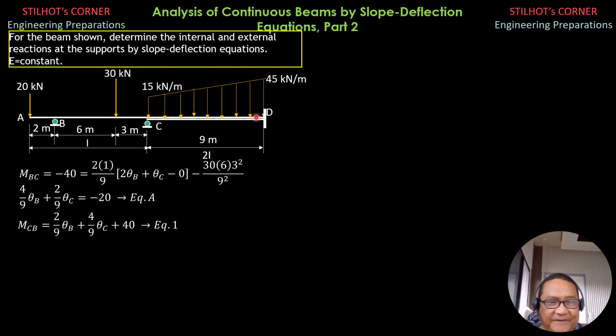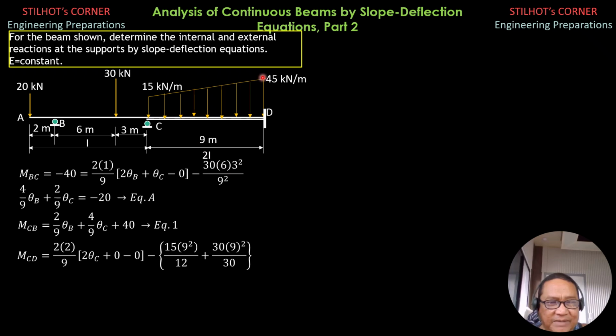Then MCD, the far end is fixed. So there are moments at C and D. So take note, the moment of inertia is 2 times the moment of inertia of ABC. So MCD is 2 times 2 over 9, quantity 2 times theta C plus theta D, which is 0, minus 3 times 0, then minus, there are two loadings, rectangular and triangular.